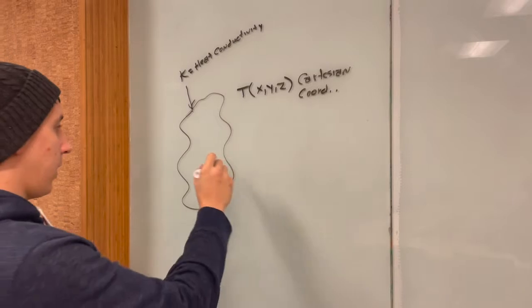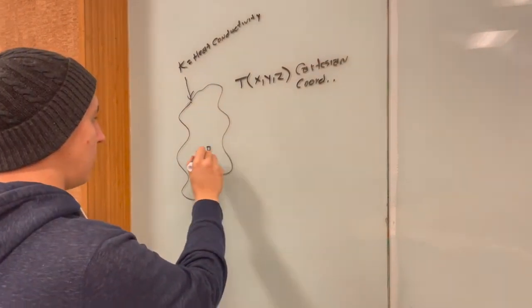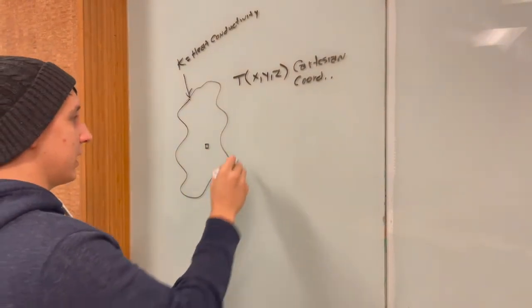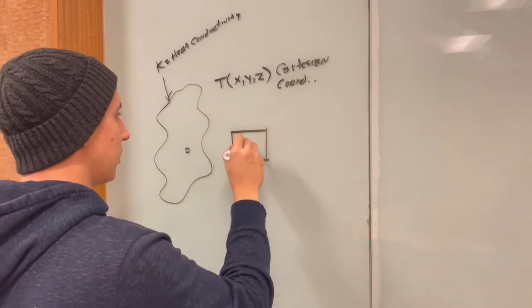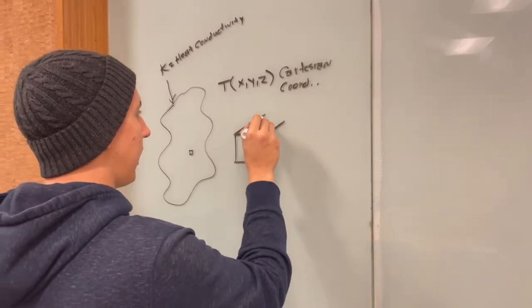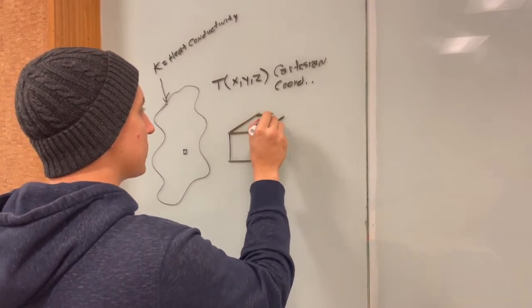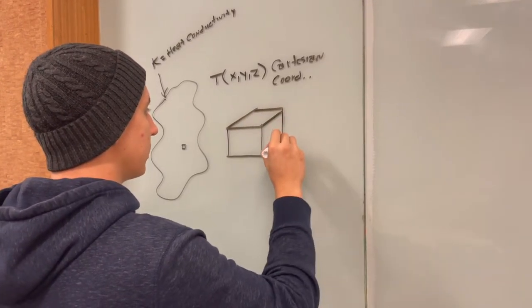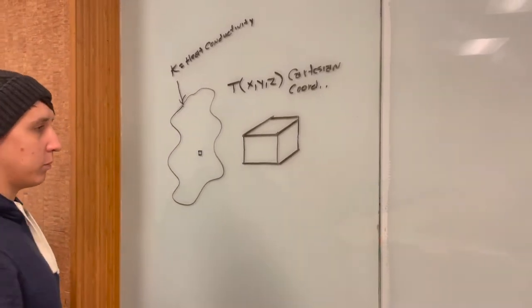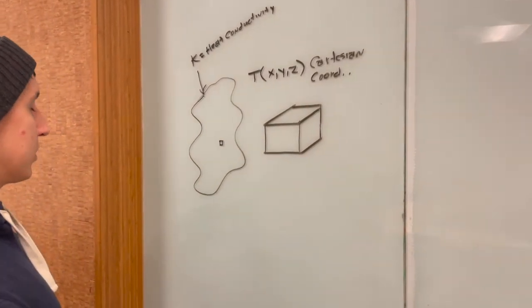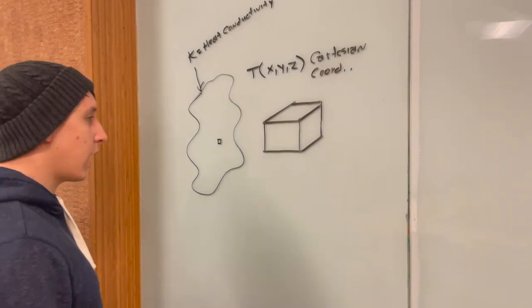Now, if I was to make this a lot larger so we can actually see it, it could be a three-dimensional object here, and we look at how heat flux is moving through this object. There is a heat flux that goes in perpendicular to each plane and leaves perpendicular out on the other side.